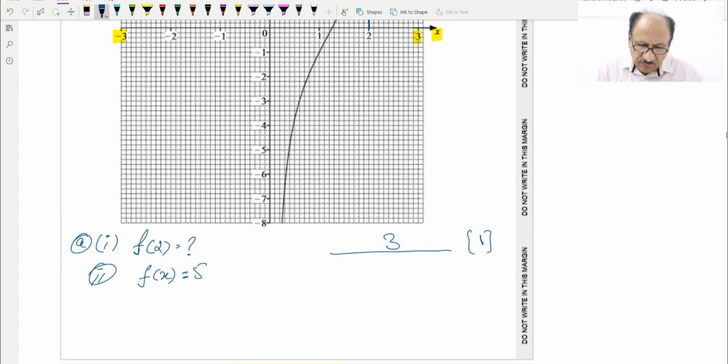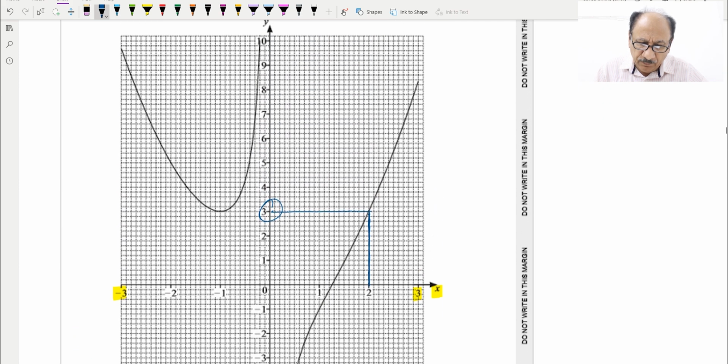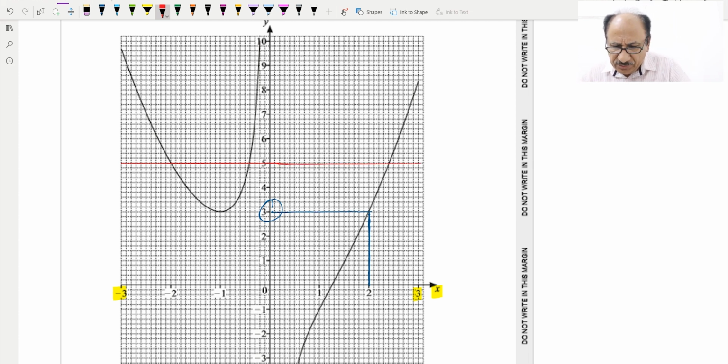f of x is equal to 5 means the y value is 5. So we will have to find the solutions where the y value is equal to 5. So we will be drawing a line passing through y is equal to 5, and we can draw this line. Hopefully you are understanding. And these are the points which we got.